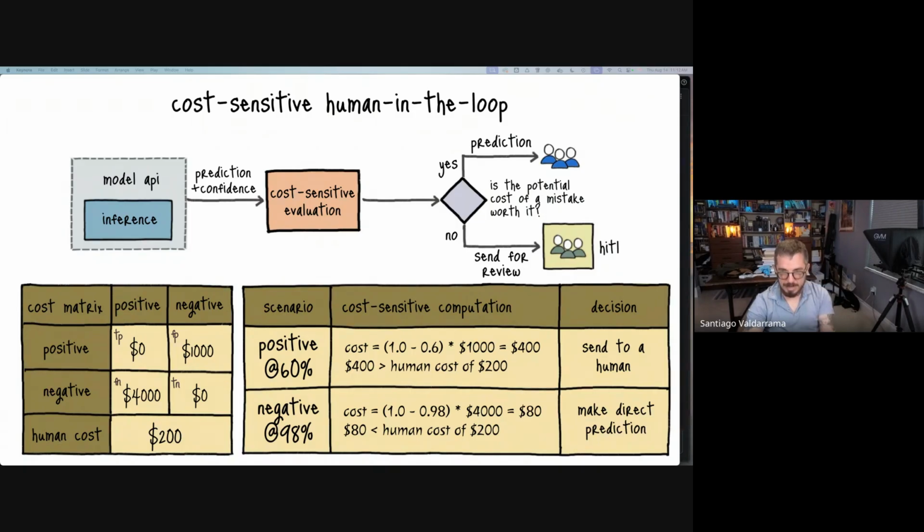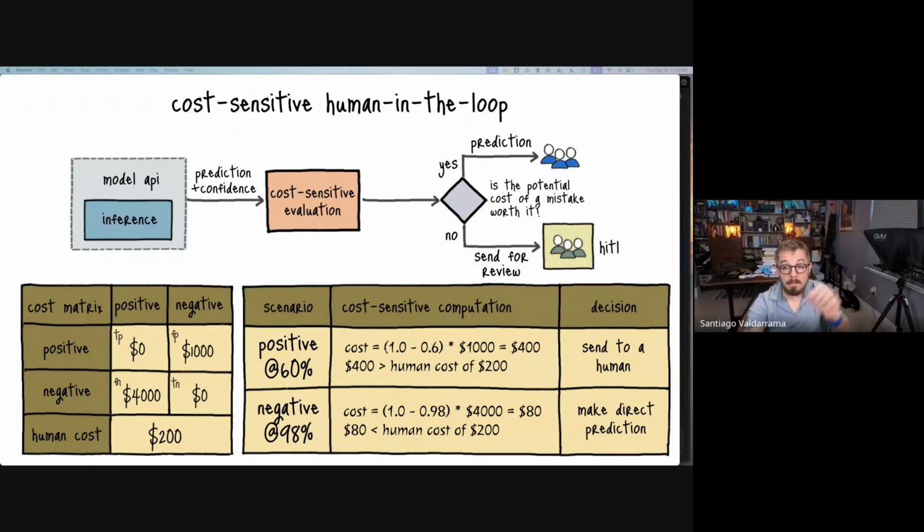So the model is telling me, yes, that is going to break, and I'm 60% confident that that is what's going to happen. I can simply compute using this matrix, using this formula, whether to send it to a human or not.